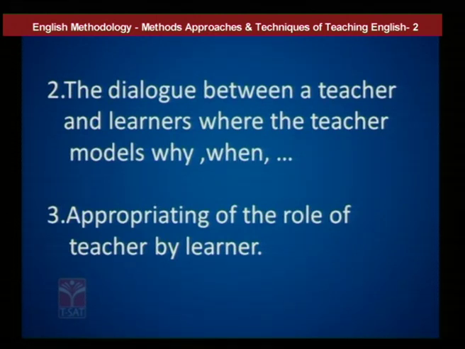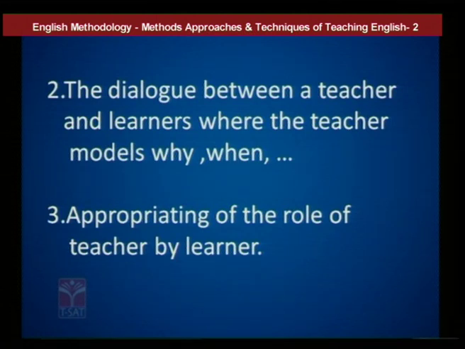So we have to follow some rules and regulations in reciprocal teaching: the teaching and learning of specific reading comprehension strategies, and the dialogue between the teacher and the learner where the teacher models why, where and when to use this reading comprehension strategy.